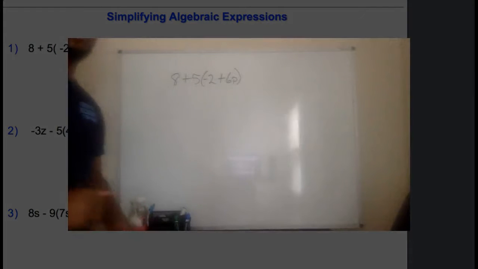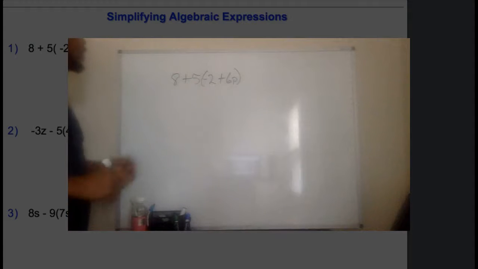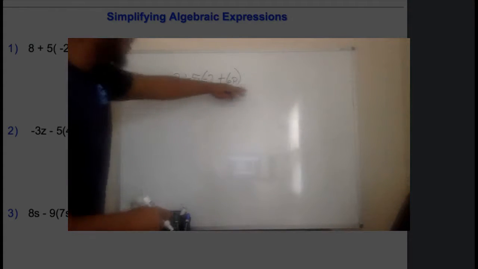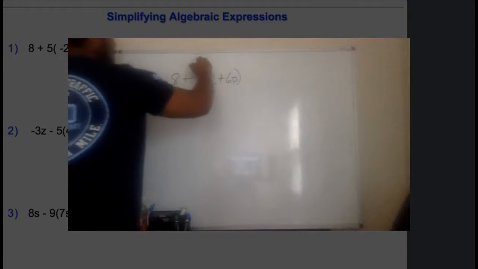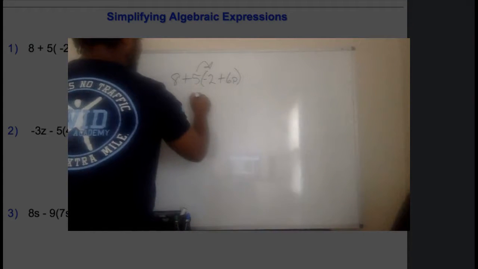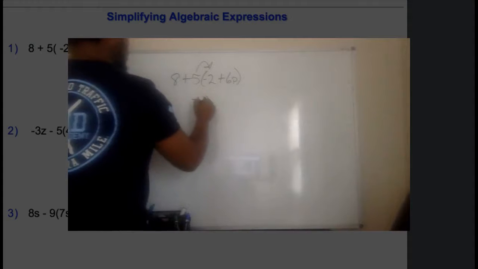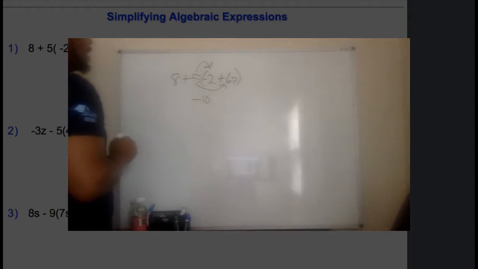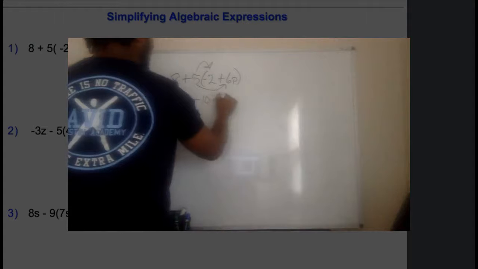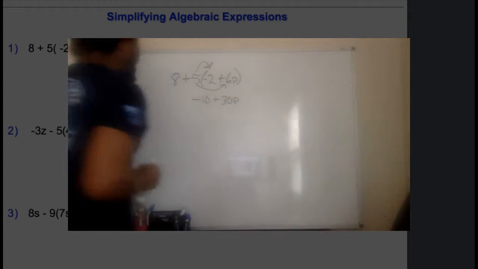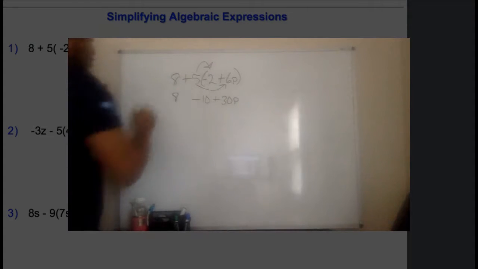I'm now going to work this for you. So the first step is going to be to distribute throughout the parentheses. So you have 5 times a negative 2, which is a negative 10. Then you have 5 times that 6p, and that gives you a plus 30p. Finally, you have the 8.